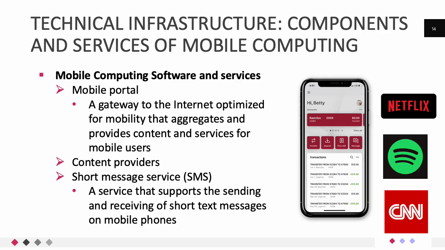So it's like having a personal assistant who organizes the internet for you. Next, the content providers. The content providers are the people or companies that create all the stuff you see online, like videos, articles, games. Because without them, your phone would be pretty boring, right?